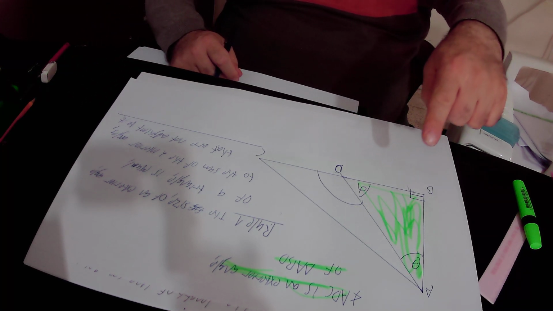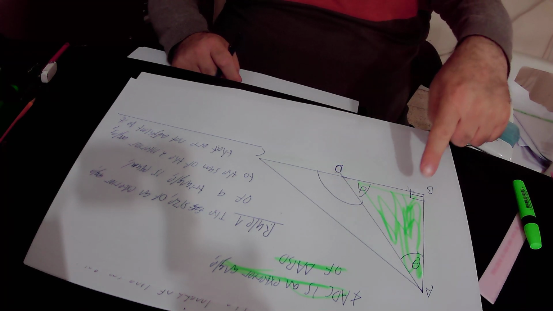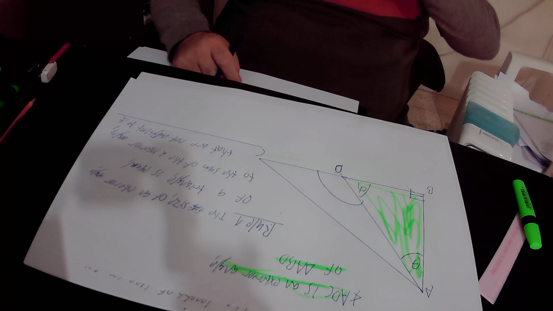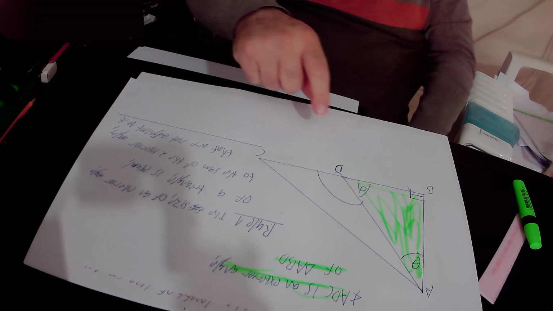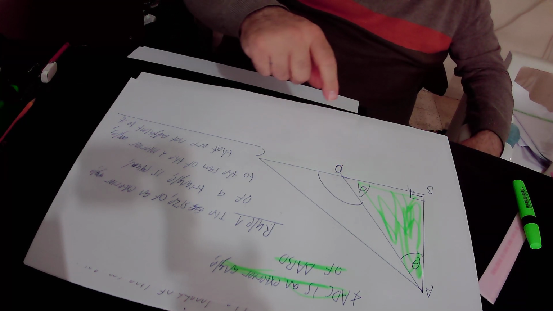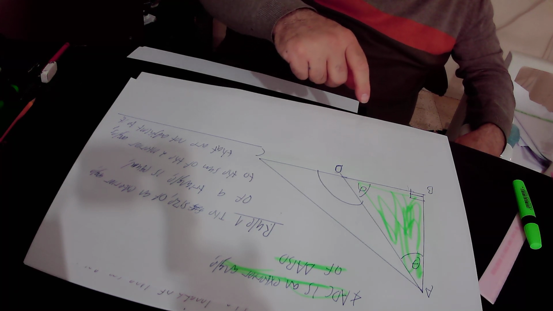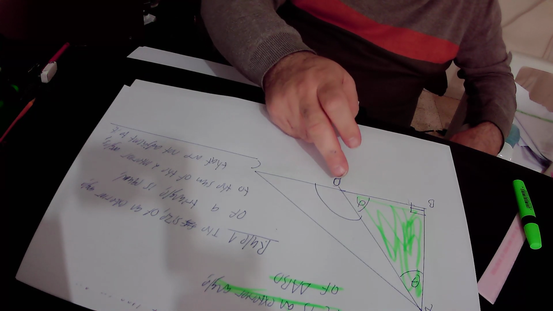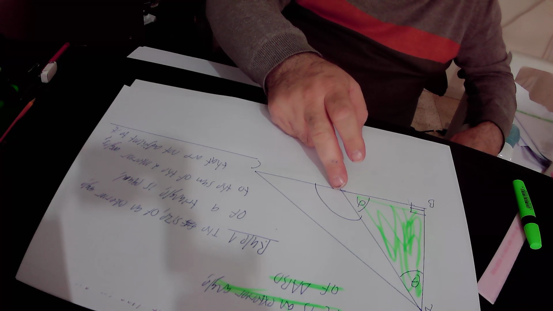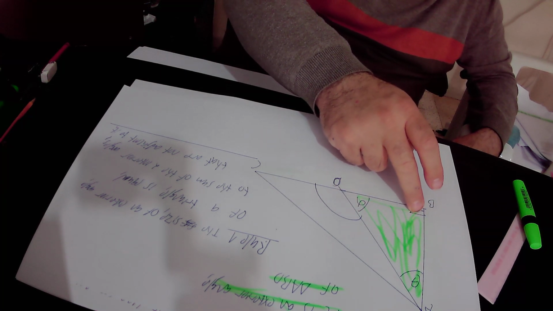So we know that angle ADC is an exterior angle of the right triangle, triangle ABD. And according to rule number one, the size of angle ADC is equal to the sum of the two interior angles that are not adjacent to it. Here, angle alpha is adjacent to angle ADC, and the two interior angles that are not adjacent to it are angle theta and the right angle.